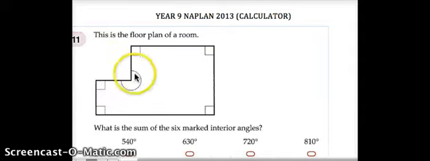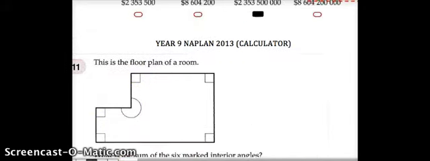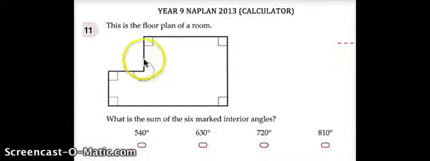Okay, now you may be able to work out the size of this angle straight away. We can see that this is a reflex angle. Now this angle here on the other side is a right angle. So if this angle here is a right angle, then this marked angle here would be 360 minus 90, which is 270 degrees.